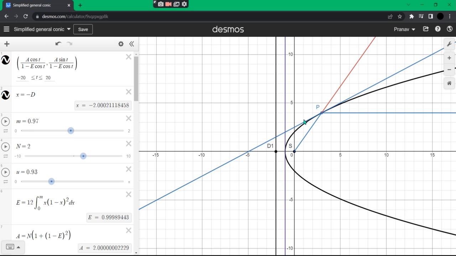And then using the reflective property, you can say that these two angles are the same. But that's like saying that any ray coming from here to here horizontally will in fact reflect and go to S, right? Yes, so basically a parabola is just an ellipse with S dash at infinity. And that's why this thing works, right?